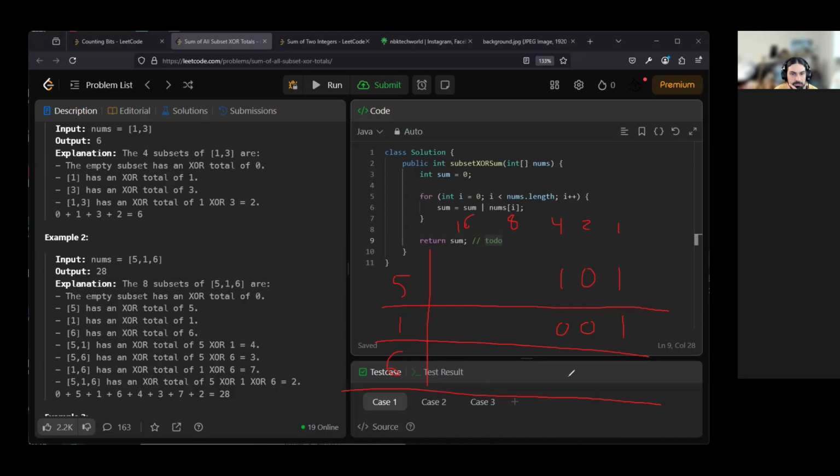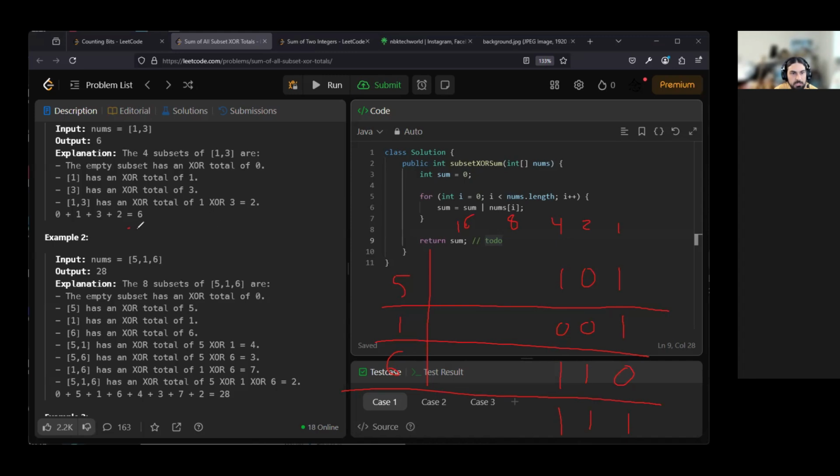What's 6? 4 plus 2. If I OR them all up, what do I get? 1 or 1 is 1, 1 or 0 is 1. 0 or that, 1 or 0 is 1. 0, 1 or 1 is 1. Right?